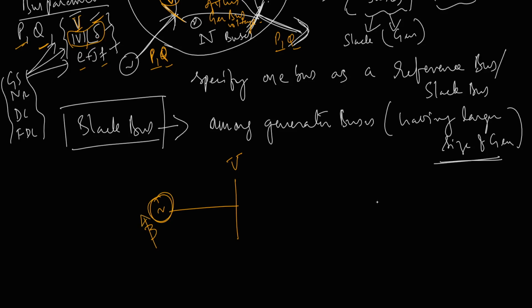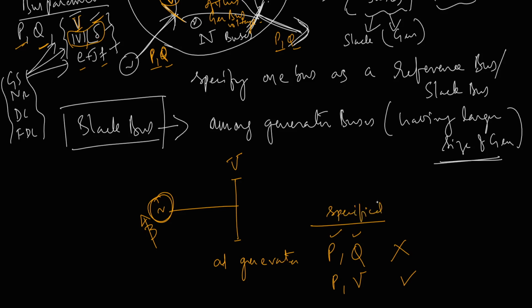That means at a generator bus, instead of specifying P and Q, what we specify is P and V. V is specified.